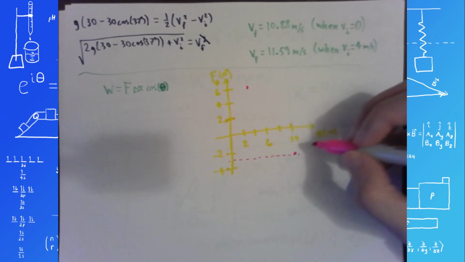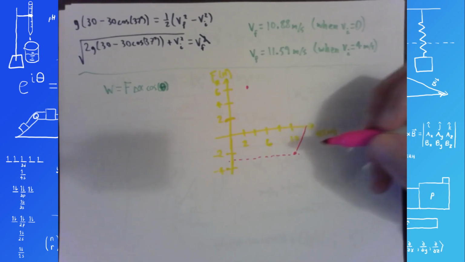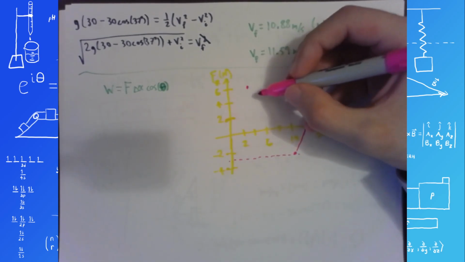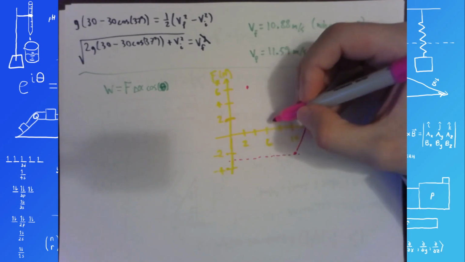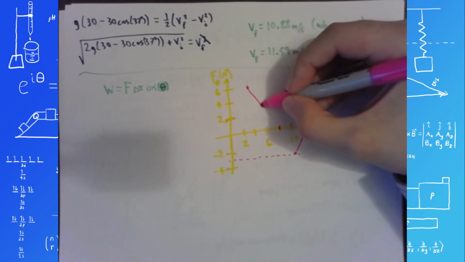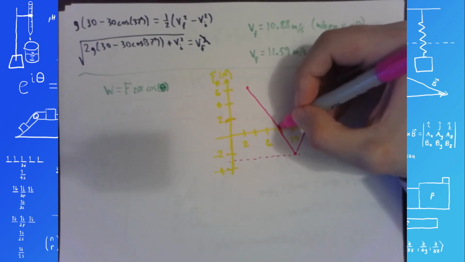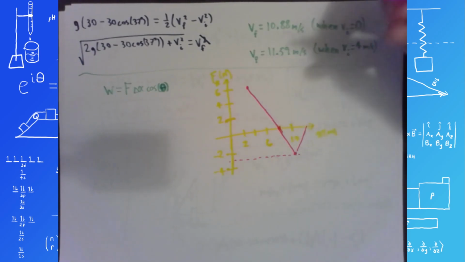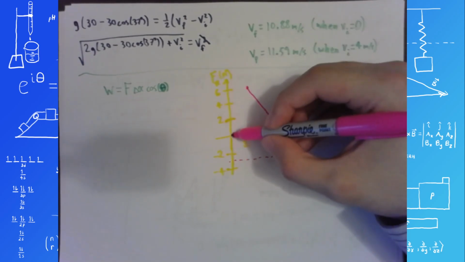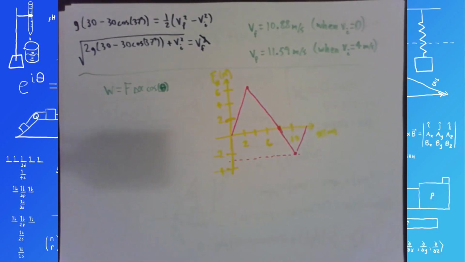And then it turns back up. So something like, hold on, where does it hit 0? It hits 0 at 8. Okay, probably should have gotten out a ruler so that that would come out straighter, but it's good enough for our purposes. All right, there you go.